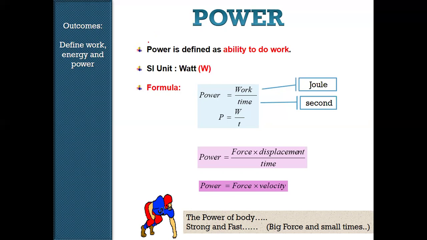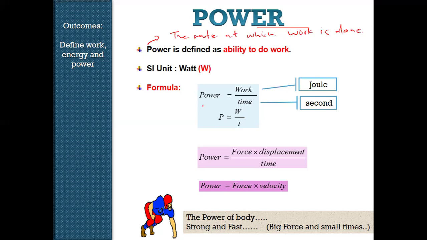We say power is the rate at which work is done. This is how, for your curriculum, you define power. They can ask you in an exam to define what power is.